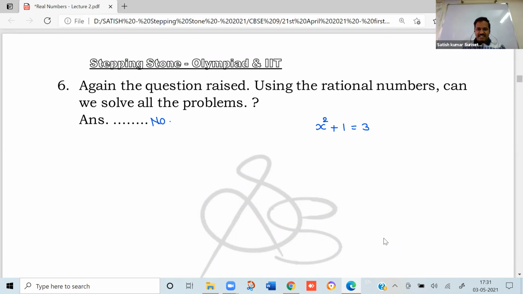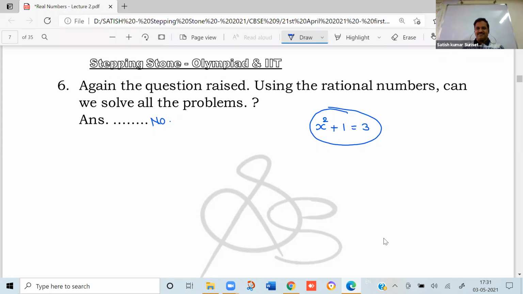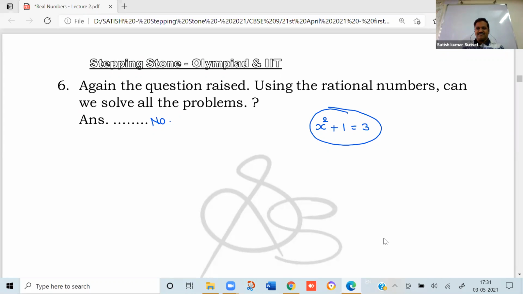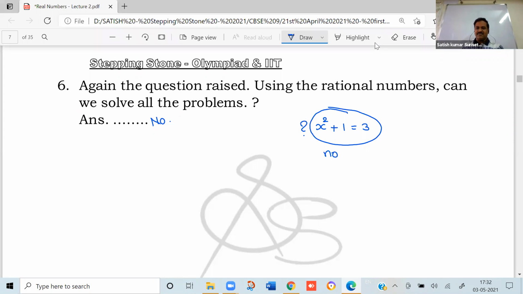Now, tell me, is there any rational number satisfying this equation? There is no rational number.